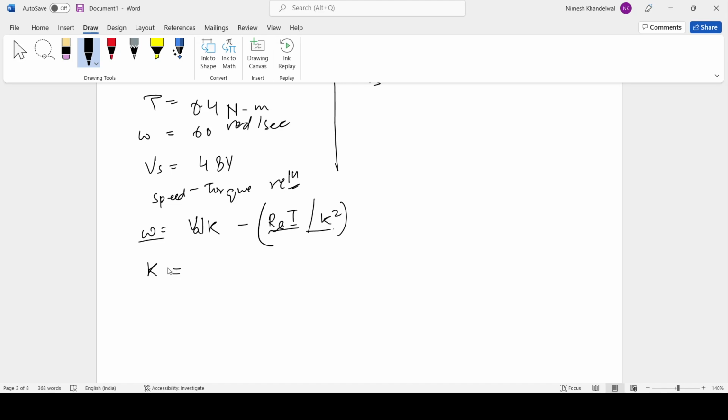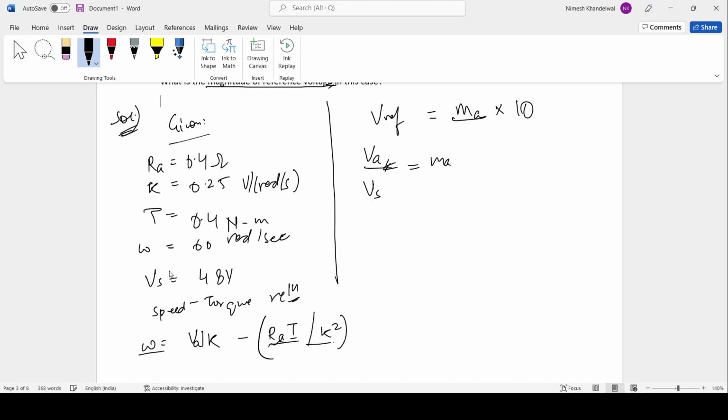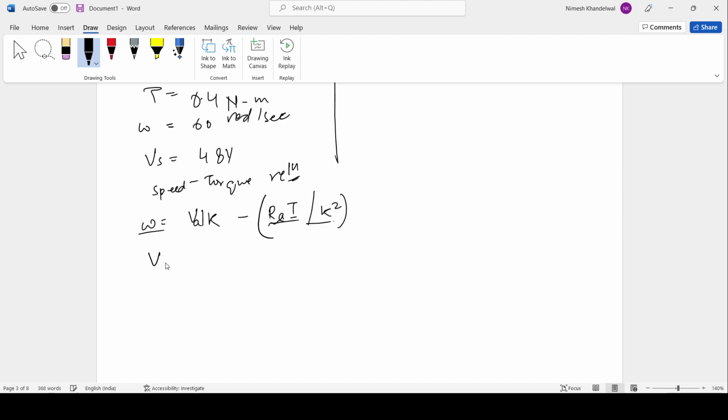No, we don't. We already have K. Okay, we will get our armature voltage as 15.64 volts. Okay, and how do we calculate our duty factor or modulation index? We calculate like this: armature voltage divided by the source voltage.